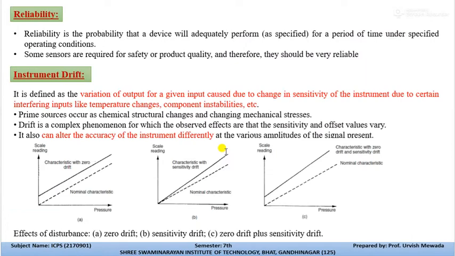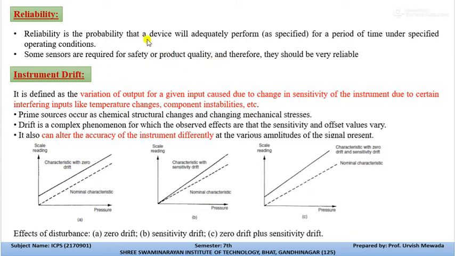Now the next characteristic is reliability. Reliability is associated with the input-output response of the instrument, the sensitivity of the instrument, the resolution of the instrument, or the accuracy of the instrument. If all are correct, then we can say this instrument is reliable, or that it can operate in each and every condition and repeatedly gives the same output in each and every atmospheric condition.